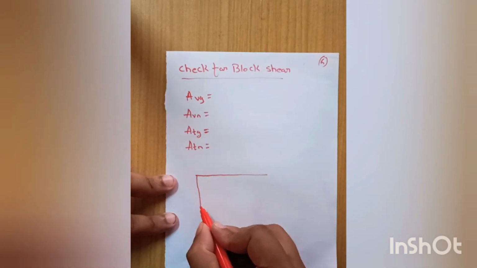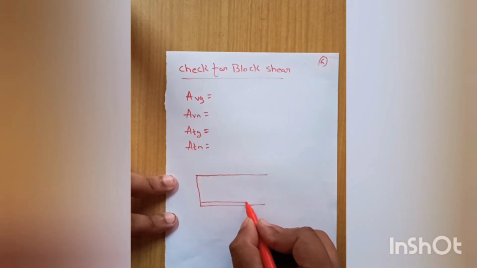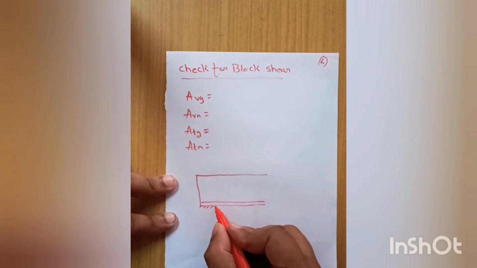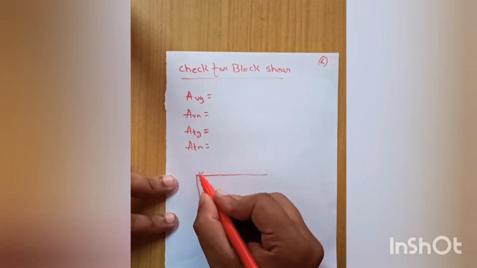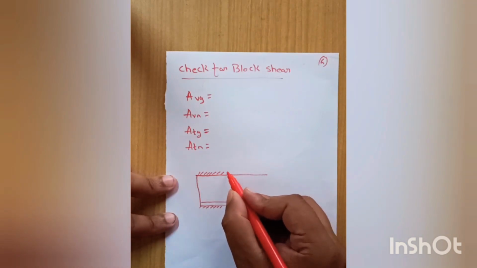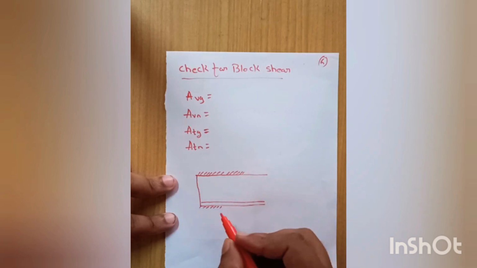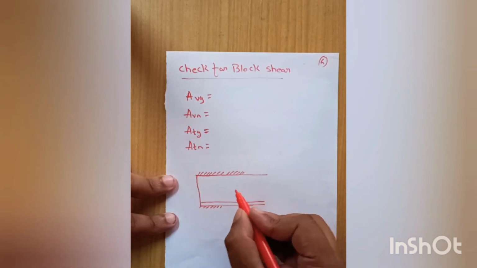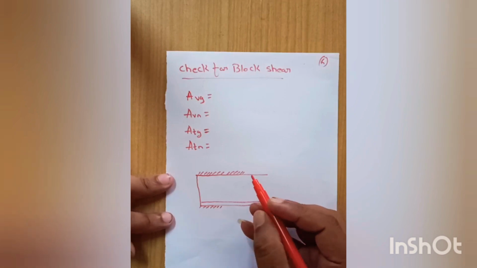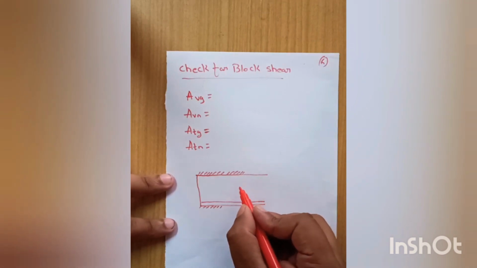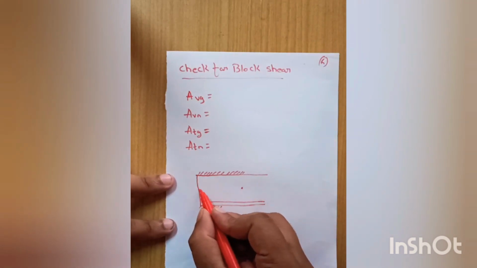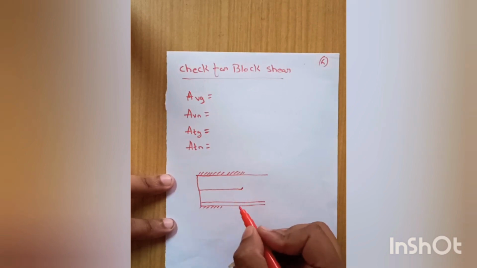So we have the section like this, which is subjected to a tension force, and connection we are providing it like this. Now for the block shear to occur, it has to fail in shear like this.